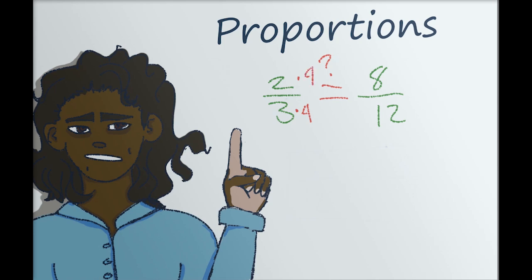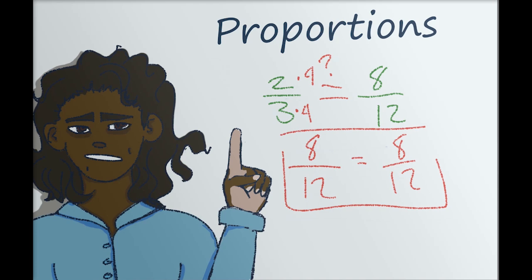You have to make sure that you also multiply the numerator. This number right here needs to be multiplied as well. So what this leaves you with is 8/12 is equal to 8/12. And who'd have thunk? So that's our answer for this problem.